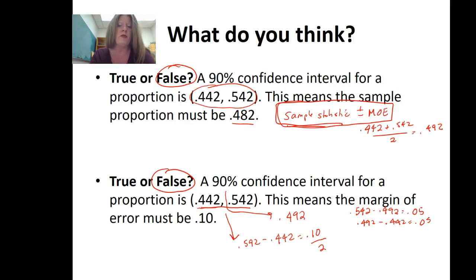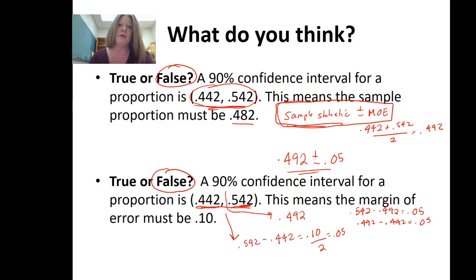So half of 0.10 would need to be added to the sample statistic to get the upper bound, and half of it would need to be subtracted from the sample statistic to get the lower bound. So again, that would be 0.05. So we figured out here, just from knowing this interval, that our sample statistic's 0.492 and our margin of error is 0.05. So that's going to give us the lower and upper bound.